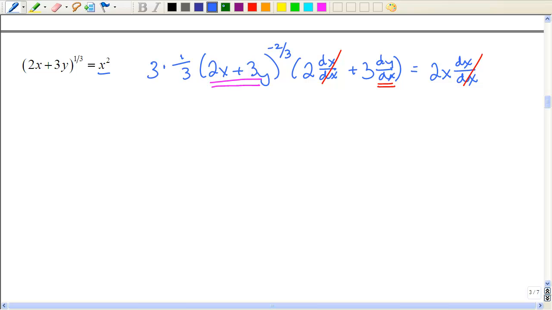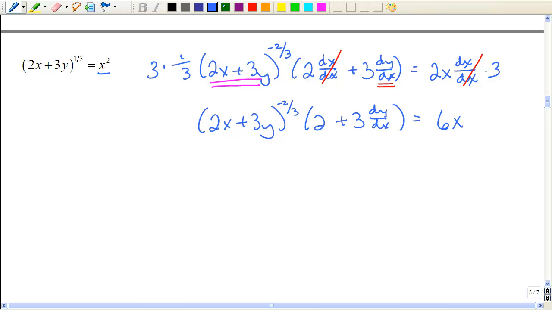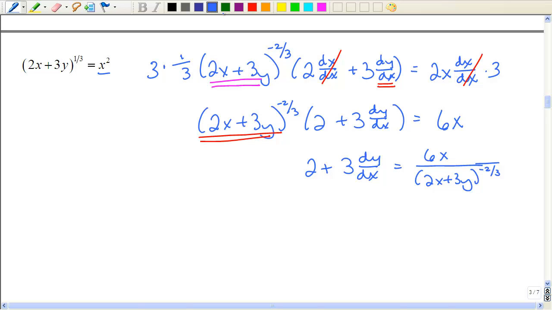How about let's multiply both sides by 3. Let's start easy steps. Okay, that looks a little bit better. I think the next thing I could do would be to divide both sides by this quantity. And before I go any further, again, just like the last example, since we have a negative exponent in the bottom, we can put that to the top to make it positive. So let's go ahead and do that.